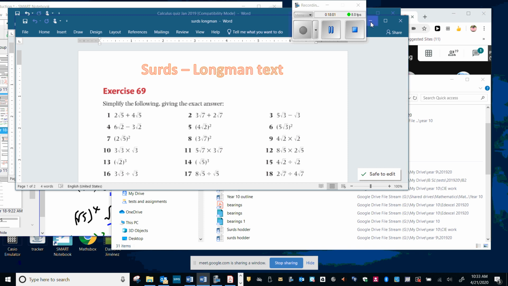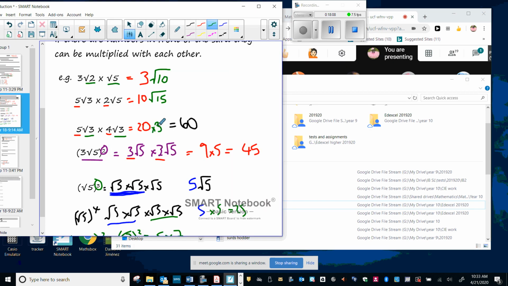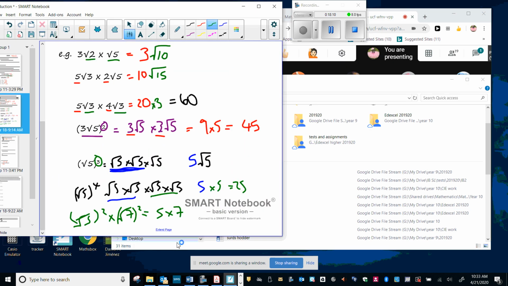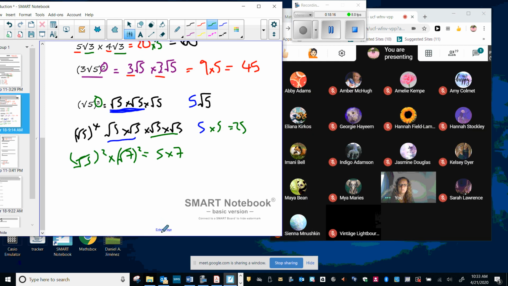All right, I haven't talked about dividing. But what do you think would happen? Can you still see all this? Hopefully you can. If I had, let's say, 3 root 7 over 2 root 7.